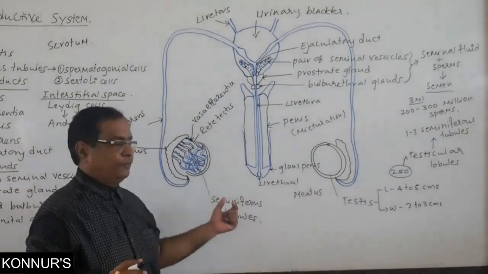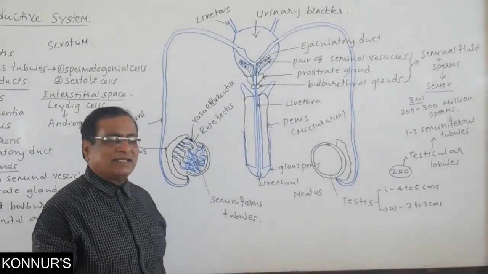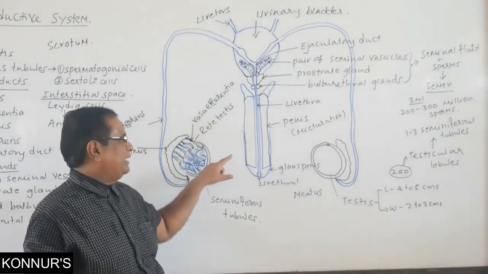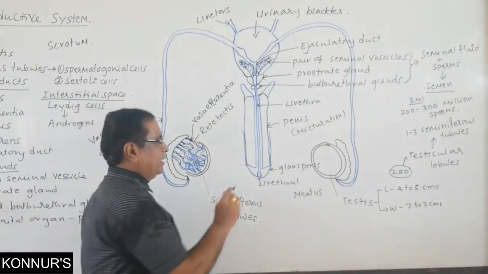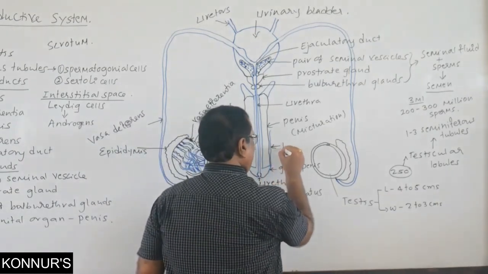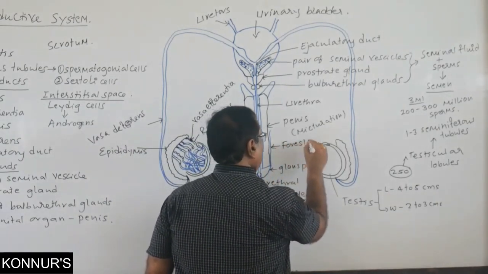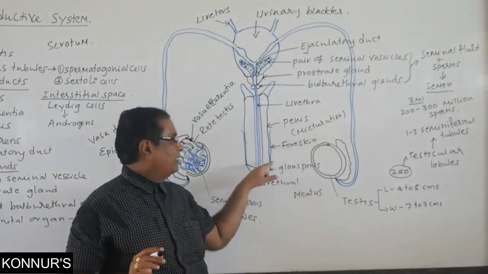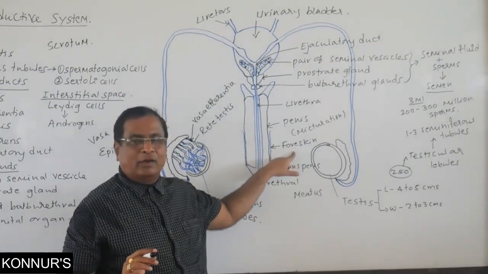The tip of the penis is called the glans penis. The penis is covered by foreskin, but the glans penis is not covered by foreskin.